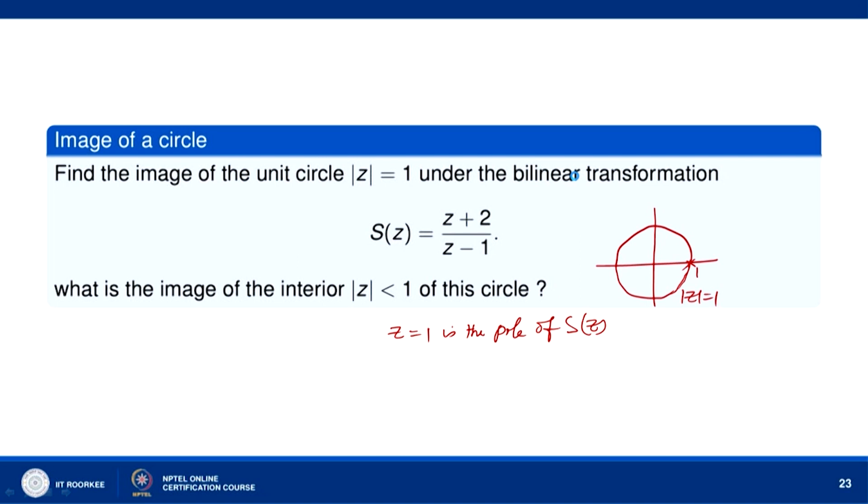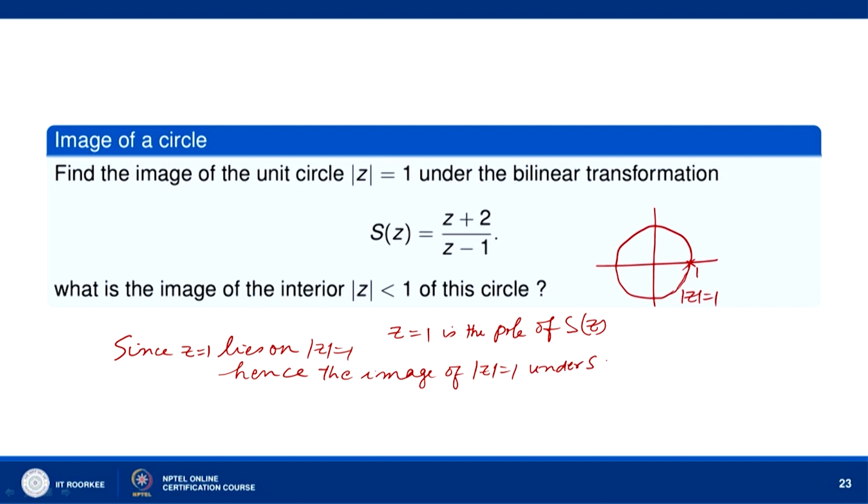So, in this example, the first conclusion from theorem 1 is that, since z equal to 1 lies on mod z equal to 1, hence the image of mod z equal to 1 under S must be a line.